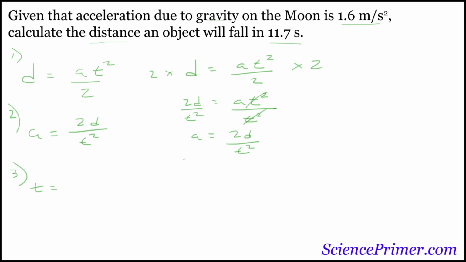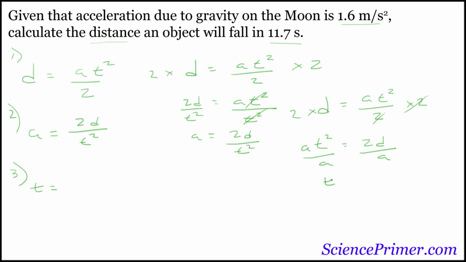And then finally, if you are given acceleration and distance and asked to find time, we'll go back and start with this relationship again. So if we start with distance equals acceleration times time squared divided by 2, we'll multiply both sides by 2. The 2's cancel. We end up with acceleration times time squared equals 2d. And now we divide both sides by acceleration.